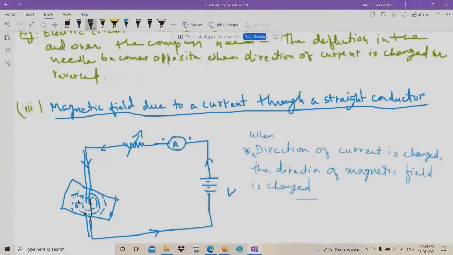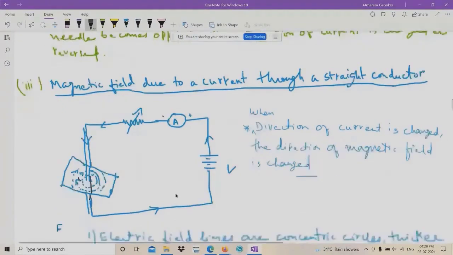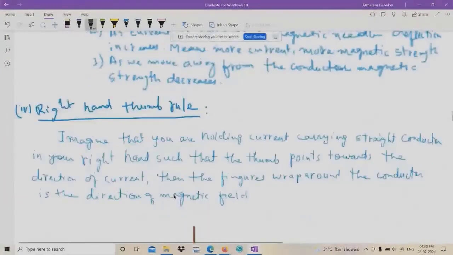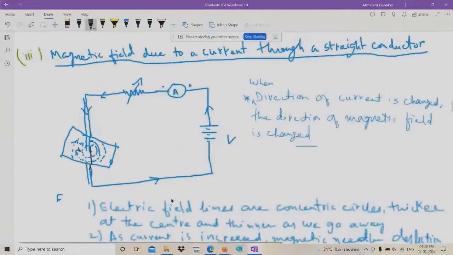Now the direction of the magnetic field, you see, is clockwise when the current is this way. If you change the direction of the current from bottom to top, then the direction of the magnetic field changes.